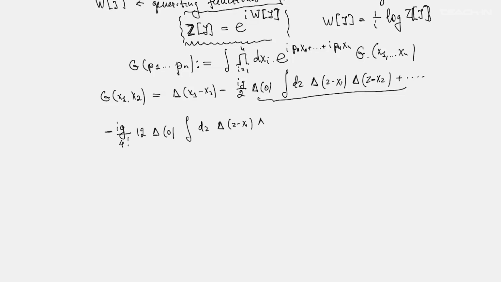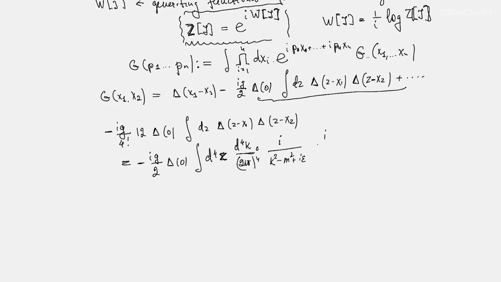What I can do is substitute here the explicit form of the Feynman propagators as fourfold integrals. So this is the integral over z, d^4k divided by (2π)^4, i divided by k squared minus m squared plus iε, and d^4p divided by (2π)^4, i divided by p squared minus m squared plus iε.